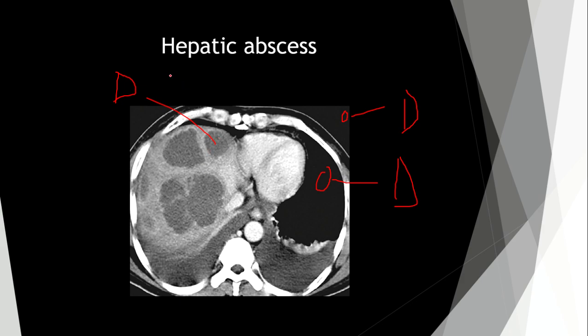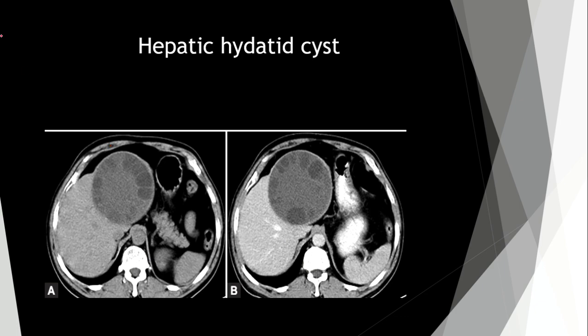Maybe it's water, maybe it's purulent content, maybe it's fat density. We must look at all of these parts. Hepatic hydatid cyst. It means this is a parasite, an echinococcus cyst, and we must provide an operation in this case.